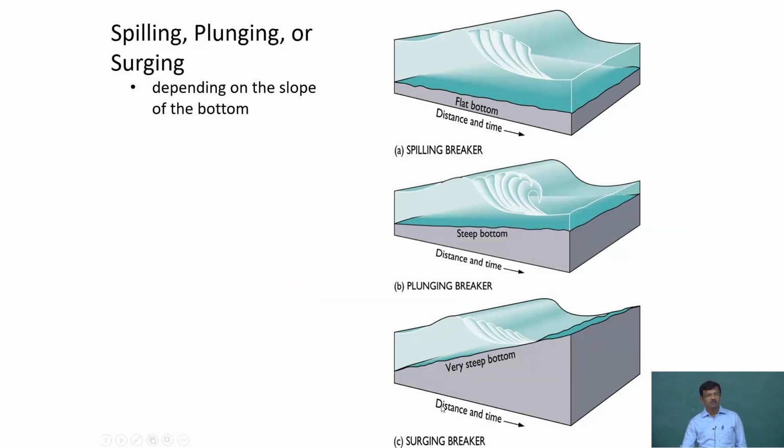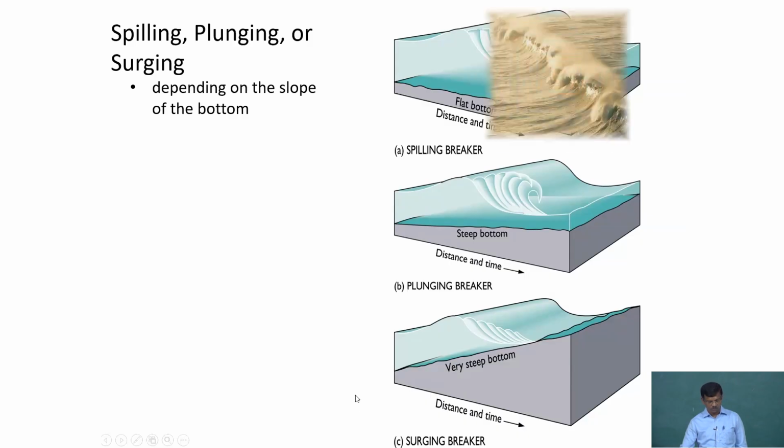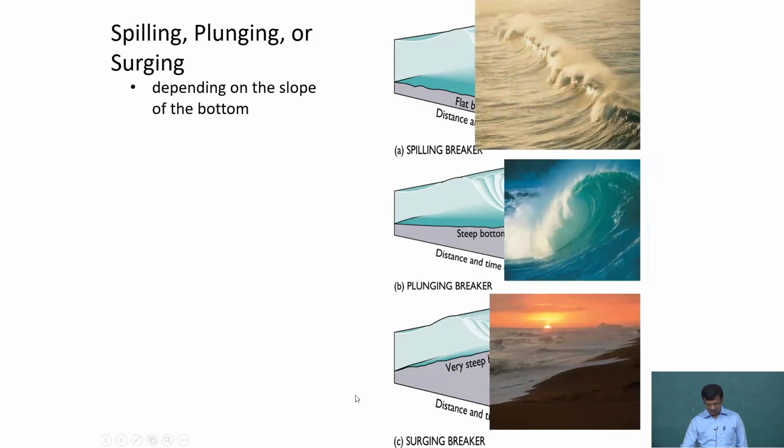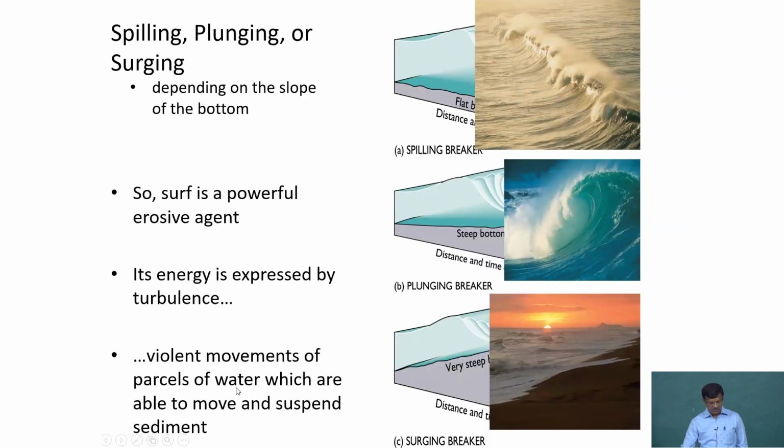Surging and collapsing are at the coastline most of the time. This is just a snapshot of the different systems, and plunging is one of the most powerful, where the energy loss due to plunging is enormous. Obviously, when there is energy loss, that energy works on the sediment for its transport. So a plunging wave in the surf zone is a powerful erosive agent in that particular area.